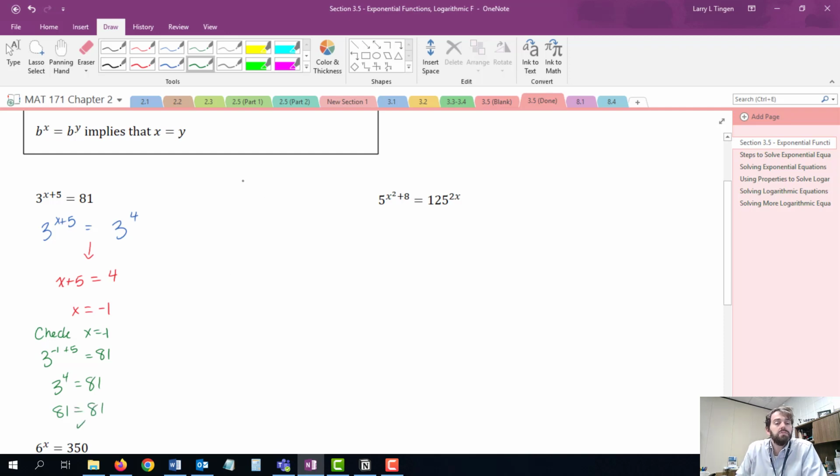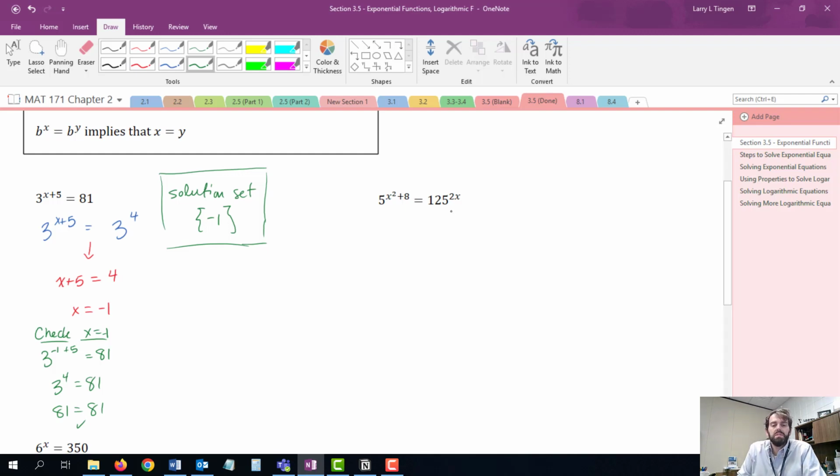That checks. So that means my solution set contains -1. Be careful when you're doing these. I still get tempted to put 81 as my answer when in fact I'm going after what I checked for x, not what I get at the end of that check.